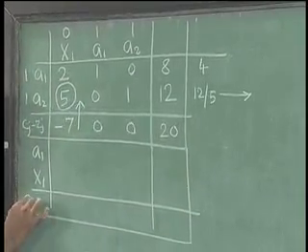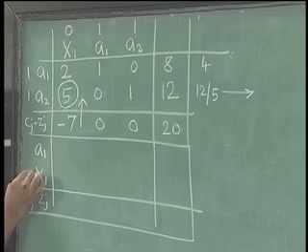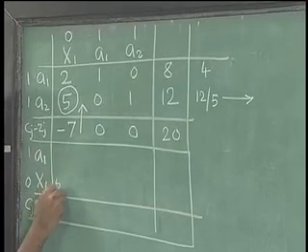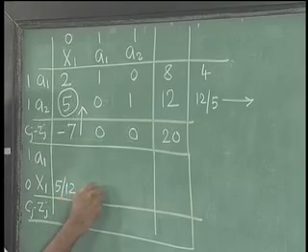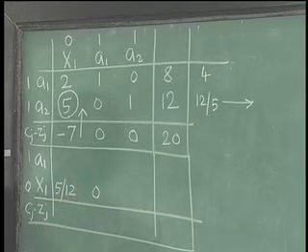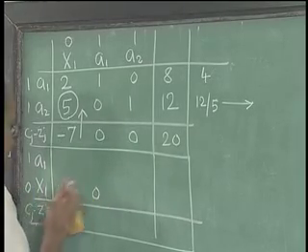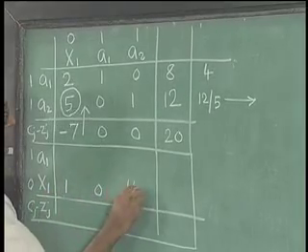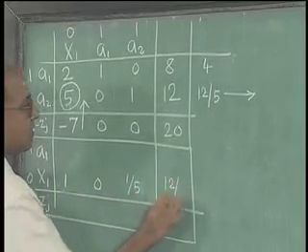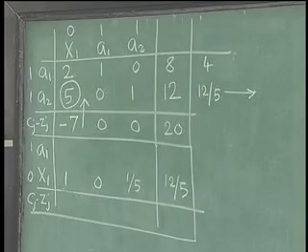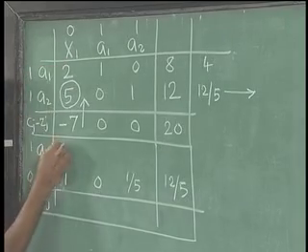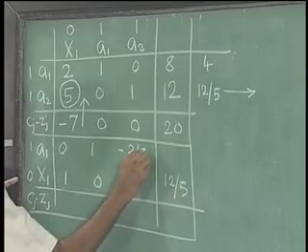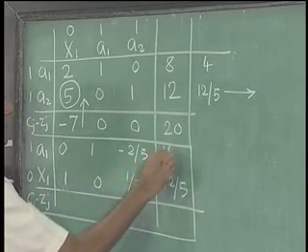Cj minus Zj, this is 0, this is 1, divide by the pivot element, 12 by 5, 1, 0, 1 by 5, 12 by 5, this minus 2 times this: 0, 1, minus 2 by 5, 8 minus 24 by 5 is 16 by 5.